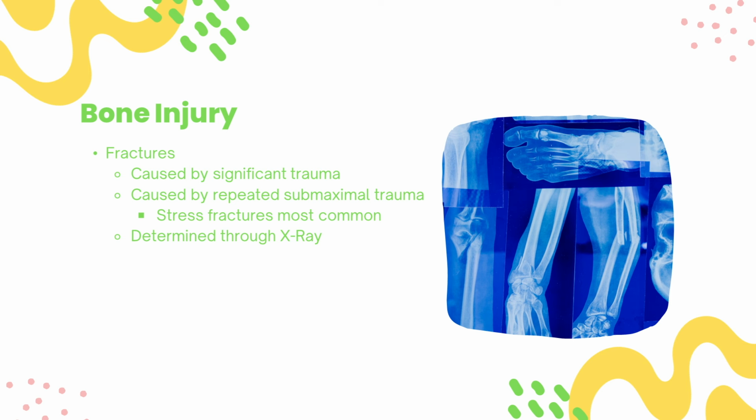And stress fractures are actually the most common type of fracture to our bones. Fractures and breaks are determined through x-rays. That is the gold standard. An x-ray can show a bone fracture or a break.